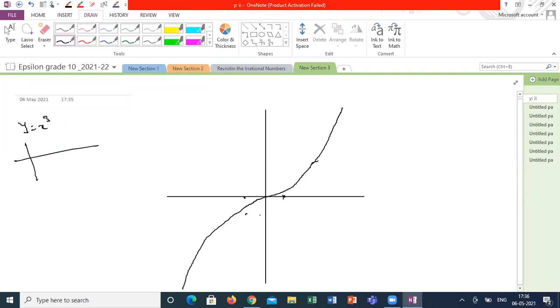It is intersecting at only one point. Here we can say there is only one real zero, but according to the definition it has 3 zeros. The remaining 2 zeros are non-real zeros. Once we learn about complex numbers, these are called unreal roots.